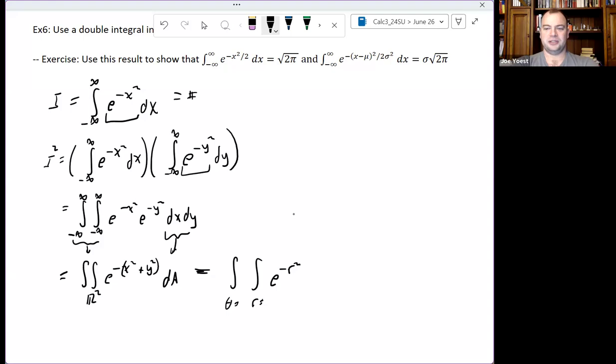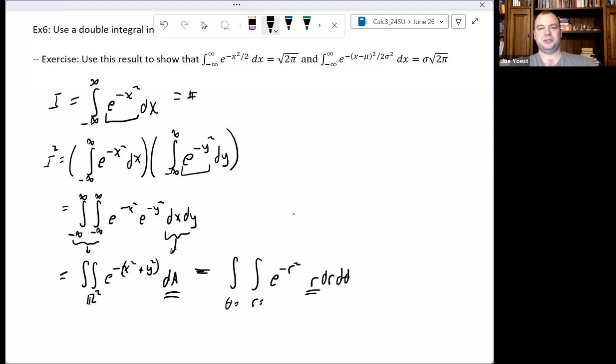So you might say, well, what did this get me? I did all of this work to just get the same thing that I had up here. But the magic is, what is the A? r dr d theta. Now, r e to the minus r squared, that is an integrand that I can integrate pretty easily, just a basic substitution.